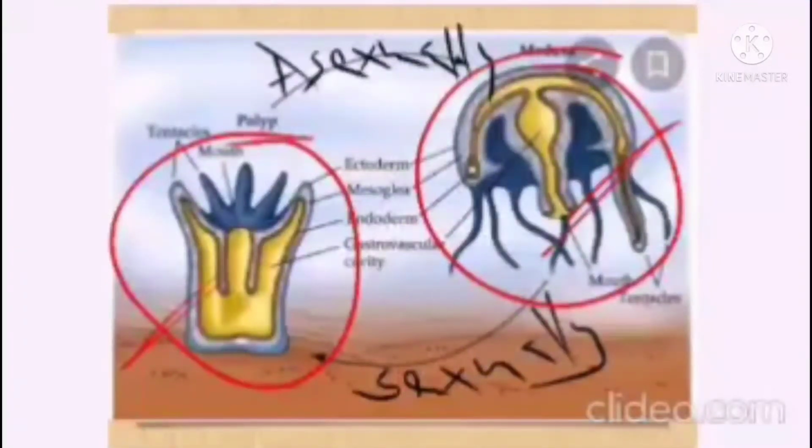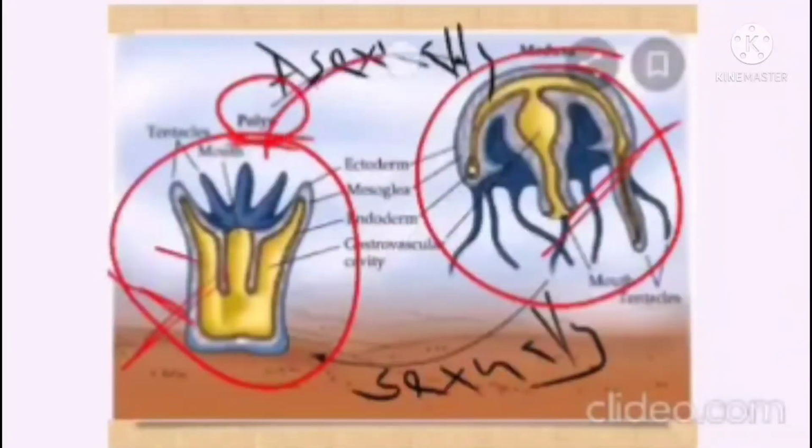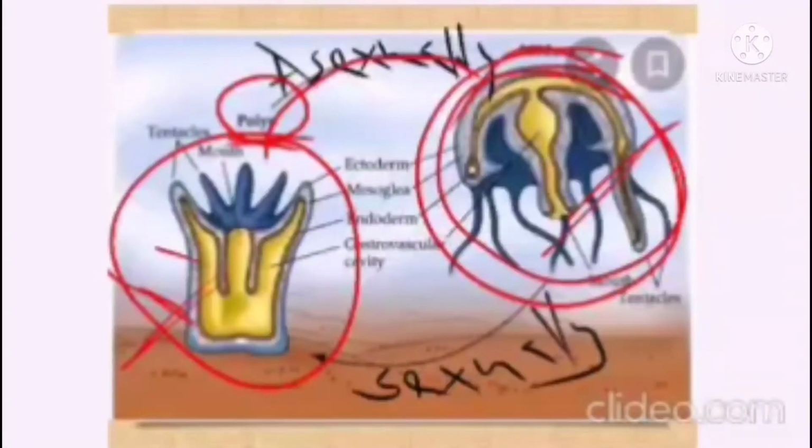So what is metagenesis? You see, this is polyp. This polyp undergoes asexual reproduction and results in the formation of this medusa. Medusa is having a structure like this, and in this medusa female and male sex organs are present, and these will undergo reproduction sexually.